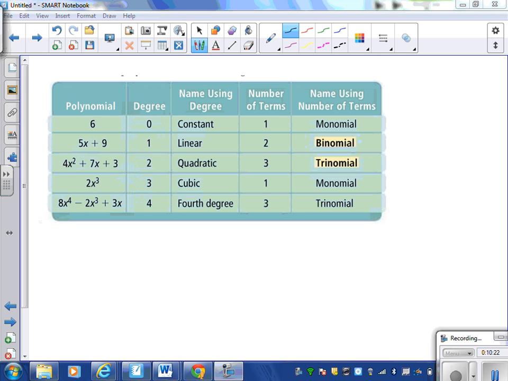And when you're asked how many terms the equation has, what are the number of terms, that just relates to the number of terms in the problem. There's one number in this problem, so your term is 1. There's 2 in this equation, so your term is 2. Same thing for the next 3 problems. 1, 2, 3.